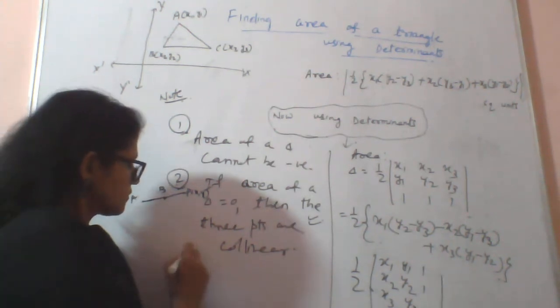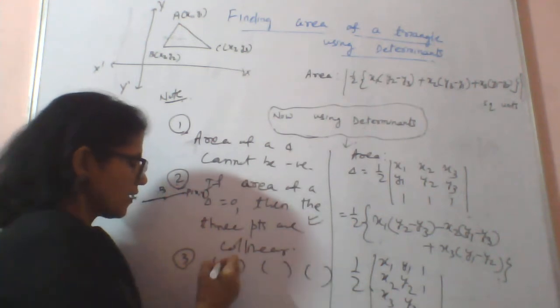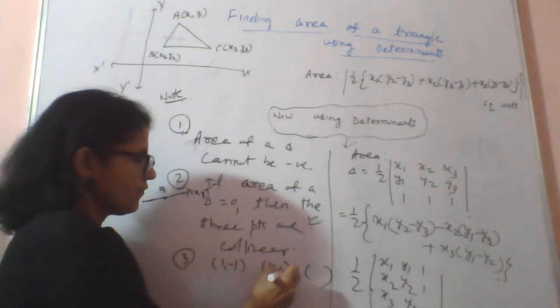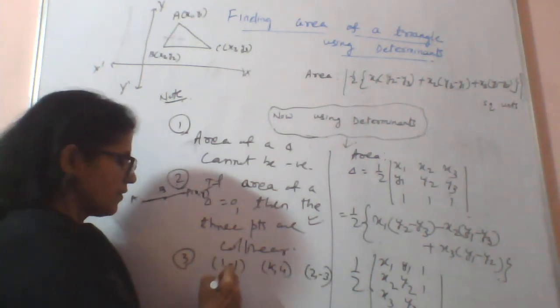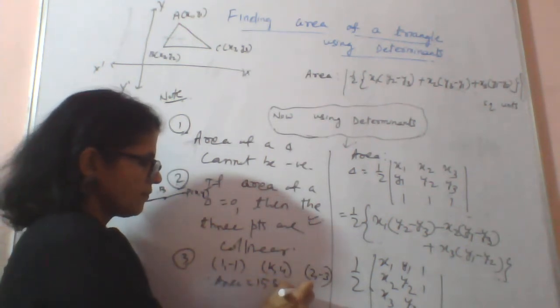determinants. Third one is, in case you are given 3 points like this, suppose you are given (1, -1), (K, 4), (2, -3), and you are given area equal to 15 square units.